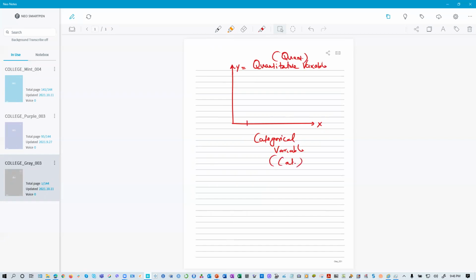So then we have what? Let's get that example. Non-smokers, former smokers, current smokers. You can say never smoke, former smokers, and current smokers.